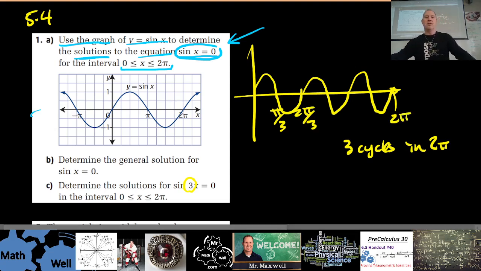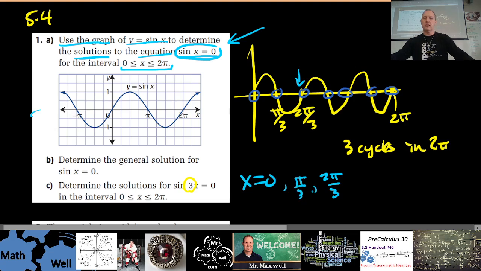So what we have to do now is figure out what x values these intercepts are. All of these, okay? That's going to be x equals 0 for sure. Because the period length is 2 pi over 3, I know that I have an x-intercept at 2 pi over 3, and also at 1 pi over 3. So it's the beginning, that's halfway through, and all the way through the cycle.